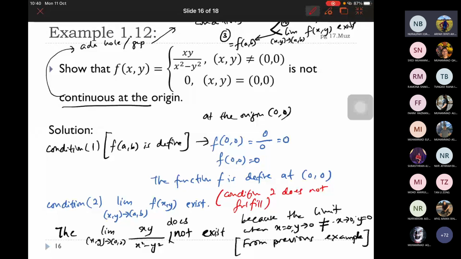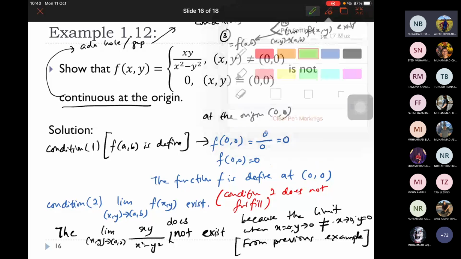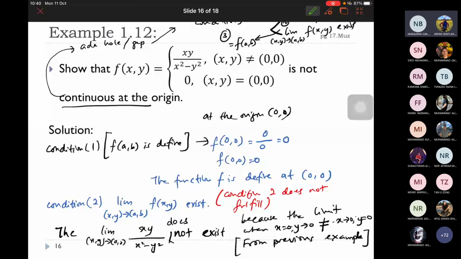Doktor, saya kurang faham yang condition 1 tu. Oh, dia condition 1 tu f a b is defined. Maksudnya kita gantikan terus nilai dia. Sebab dia kata dekat sini origin. Kan? So kata dekat sini origin. Ini sekejap, dah sudah salin tak ni semua? Sebab saya nak padam. Bawah tu dah.